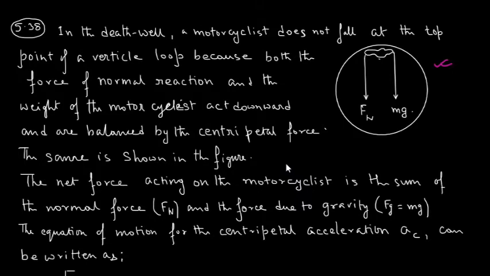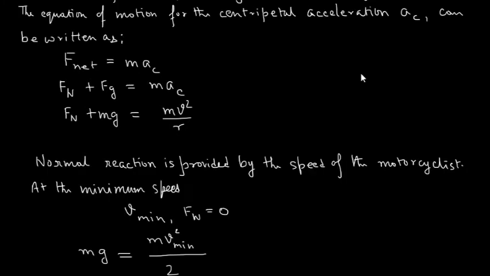The equation of motion for the centripetal acceleration a_c can be written as F_net = m a_c. F_N + F_g = m a_c, so F_N + mg = mv²/r. The normal reaction is provided by the speed of the motorcycle.